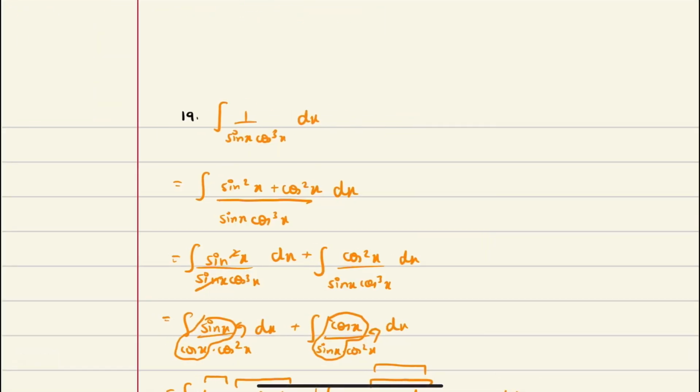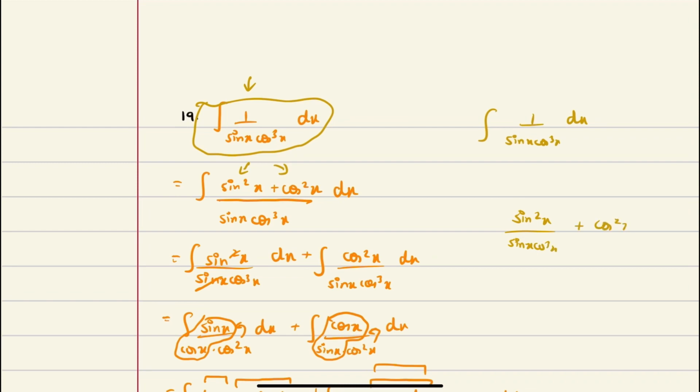Now for the 19th question. The 19th question is 1 over sine x times cosine cubed x as I've written here. So I'm just going to write that 1 in terms of sine and cos, so we can have everything in the same terms. So I just wrote that out as sine squared x plus cosine squared x, and then we split the integral. So we split it up and we get sine squared x over sine x cosine cubed x plus cosine squared x over sine x cosine cubed x.